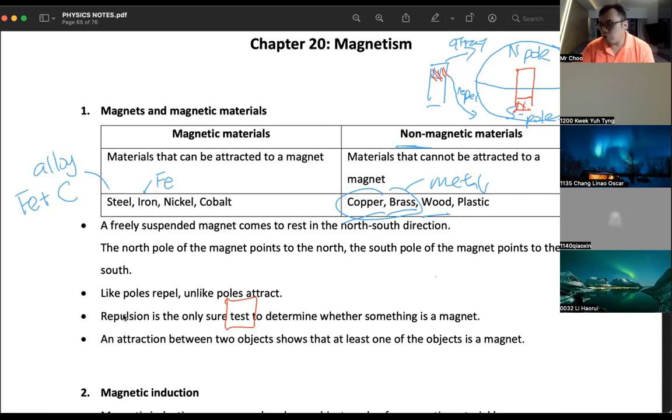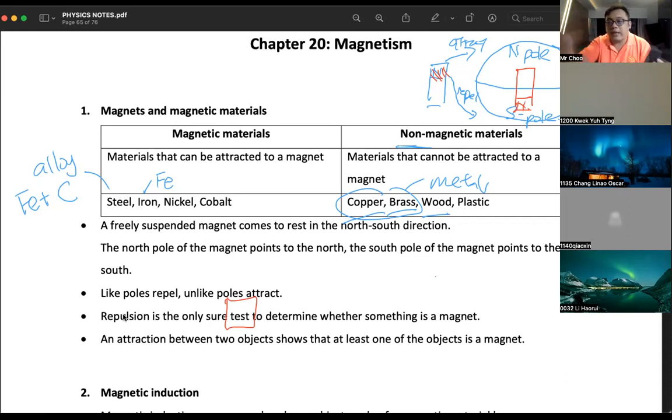Okay, so when two items attract, it means that at least one of these is a magnet. It doesn't prove that both are magnets. Is that clear? So if both are magnetic material, like I told you just now, iron bar and iron cylinder, okay, they are not magnetized. You put them together, they will not attract.